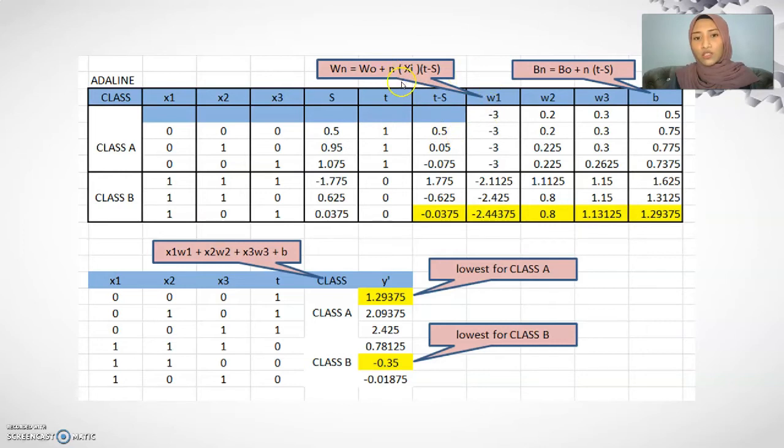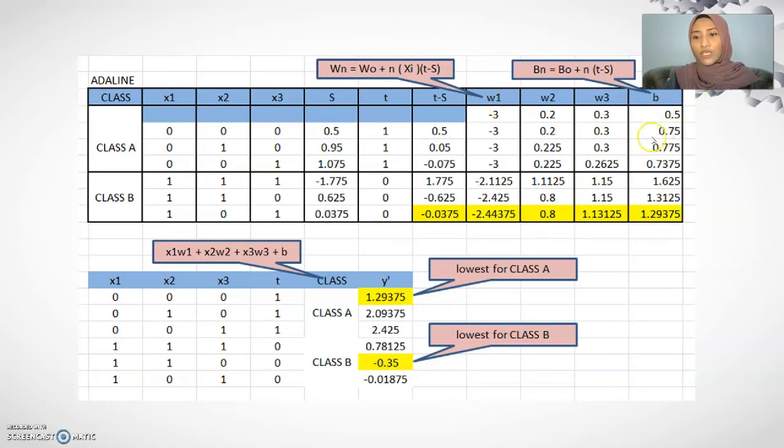After we substitute all the values into this formula, we get the new weight at this iteration, which is -3. For W2 and W3, we just repeat the step.